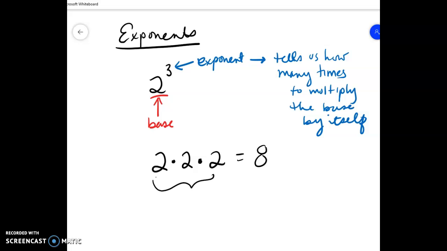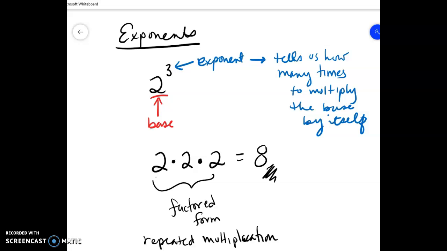This is called factored form or repeated multiplication. You may see it called factored form or repeated multiplication. When it asks you to give an answer or simplify, it's looking for this number here.